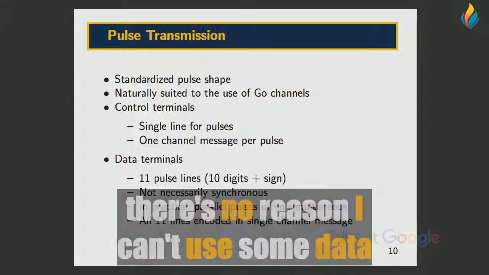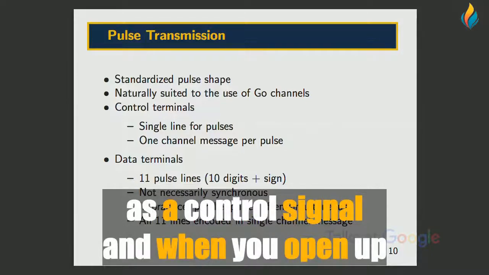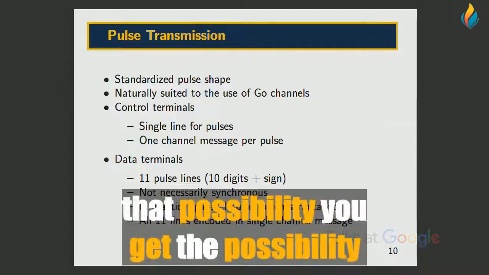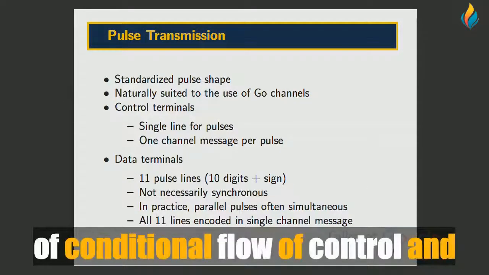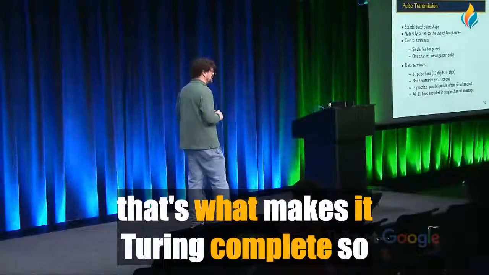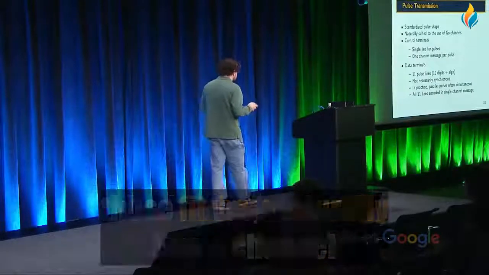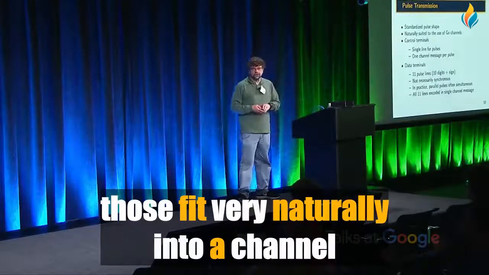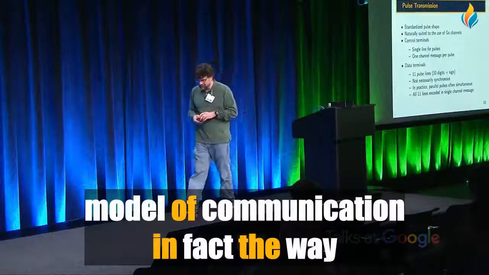The idea is that there's no reason I can't use some data as a control signal. And when you open up that possibility, you get the possibility of conditional flow of control. And that's what makes it Turing complete. So those fit very naturally into a channel model of communication.